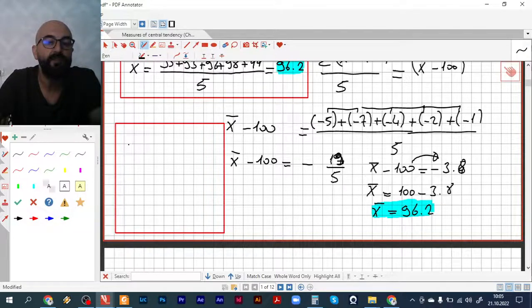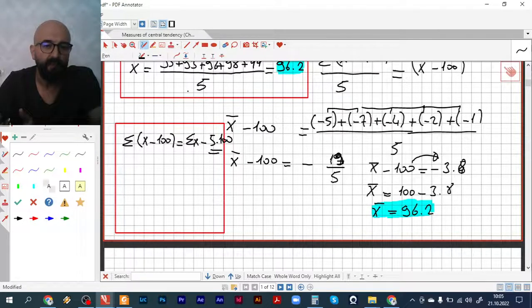Please notice that if you want the sum of x minus 100, you can use the sum of x minus 5 times 100, because we have 5 data, and we subtract 100 for all data. So 5 times 100 we subtract.